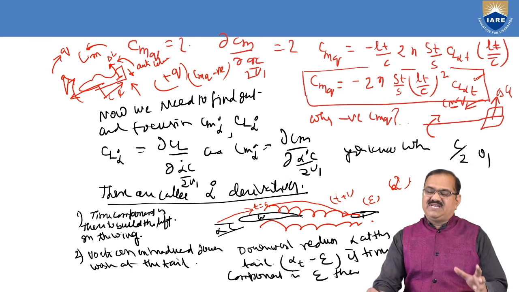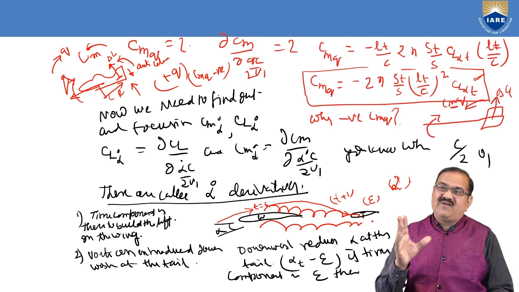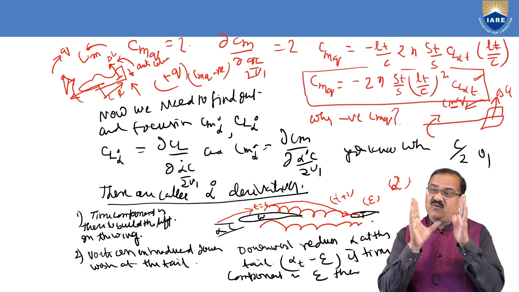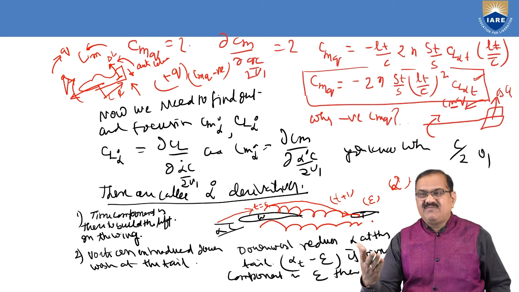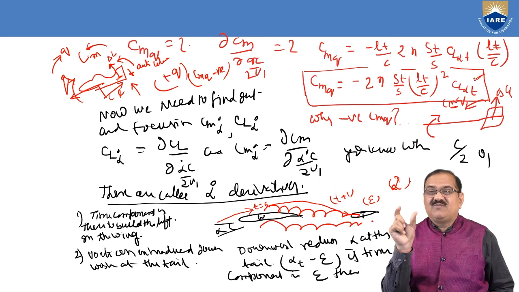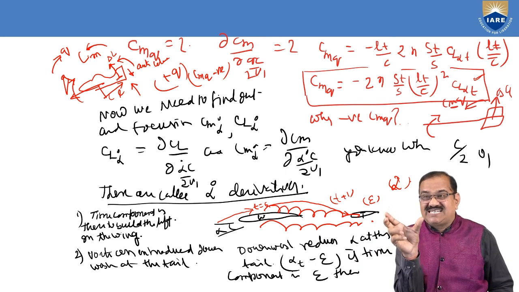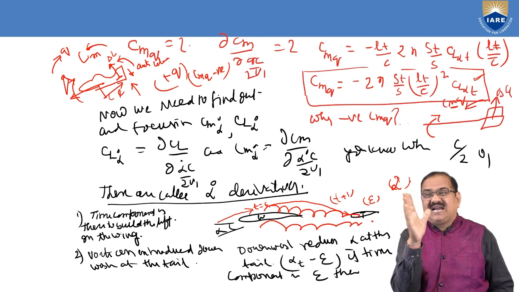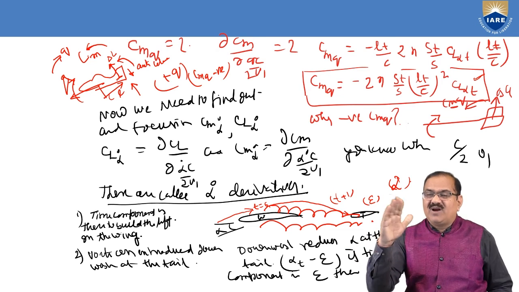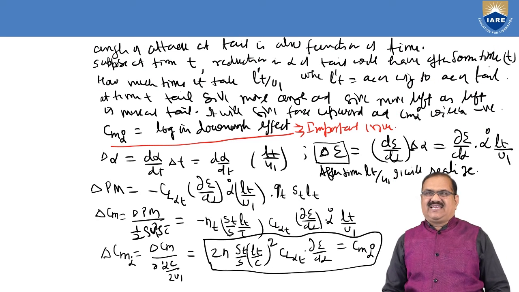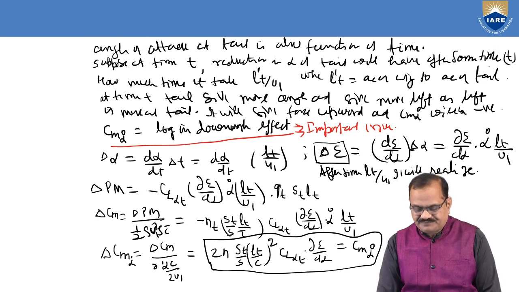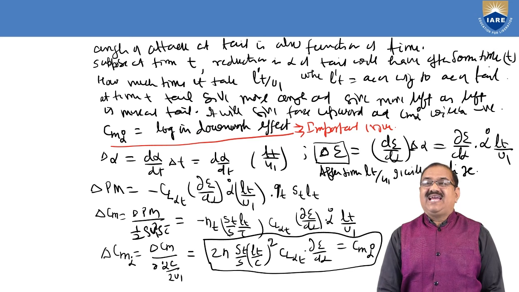So alpha dot means here time is involved, and the time which is taken from wing to the tail, downwards traveling, will be calculated from the distance LT, because how much distance is there, and if you divide by the velocity we can get the time taken. Okay, so it is explained here. Angle of attack at tail is also a function of time.